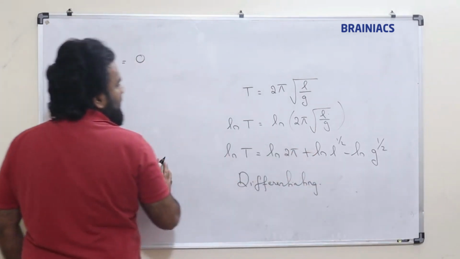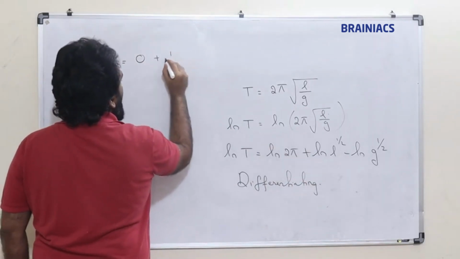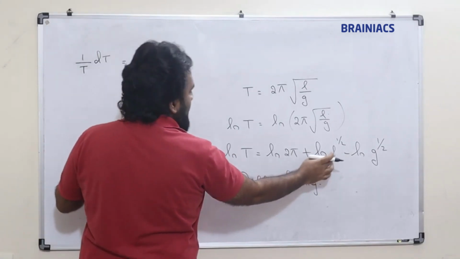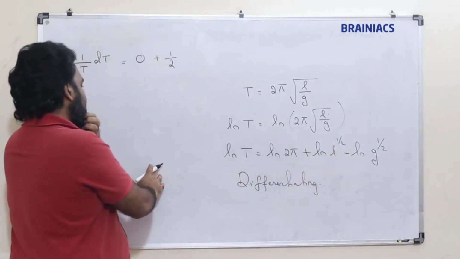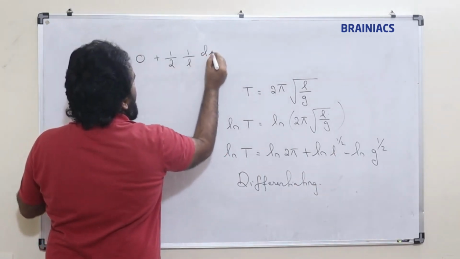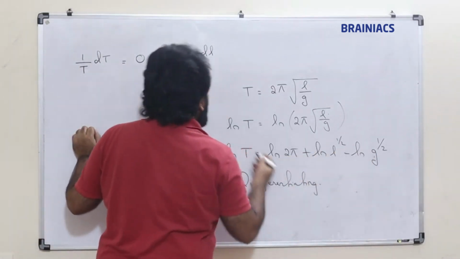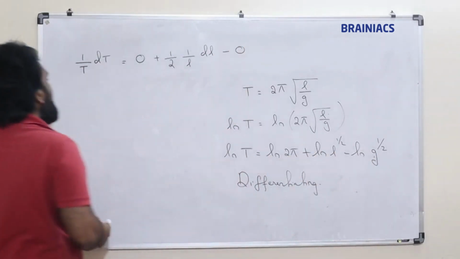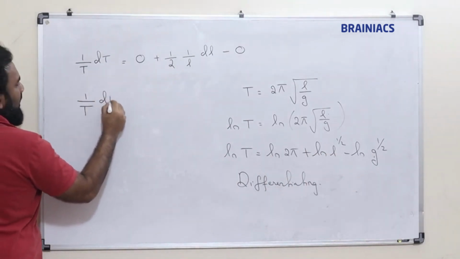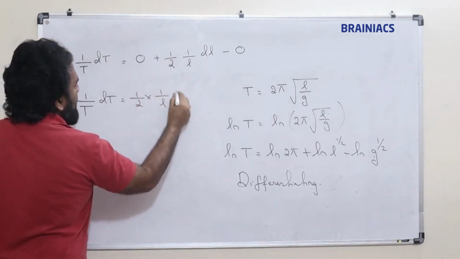Plus 1 by 2 differentiation of natural logarithm of L, which is 1 by L dl. Differentiation of the constant value also becomes 0. So finally, 1 by t dt is equal to half into 1 by L into dl.